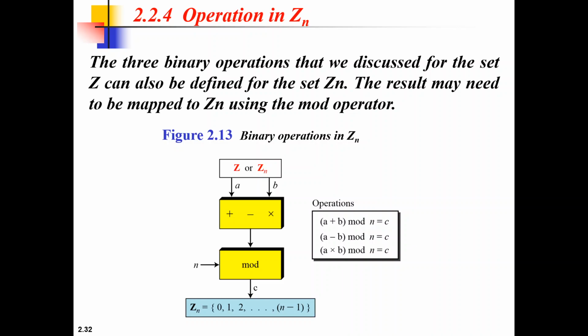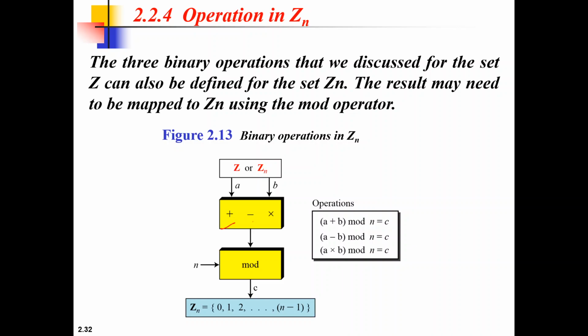Now, operations in Z: what operations can you perform with this modulus or mod n? As discussed previously, there are three binary operations which can be defined for the set: addition, subtraction and multiplication. What are the rules?